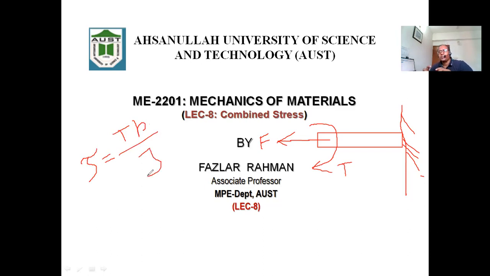Right? We try to break this bar in two pieces. And this axial force is tension. So this creates axial tension stress. This equals F divided by A. Now, if you consider a point over here, what will happen?